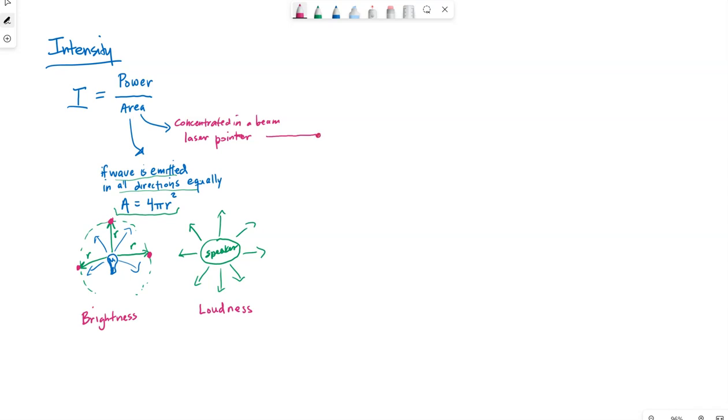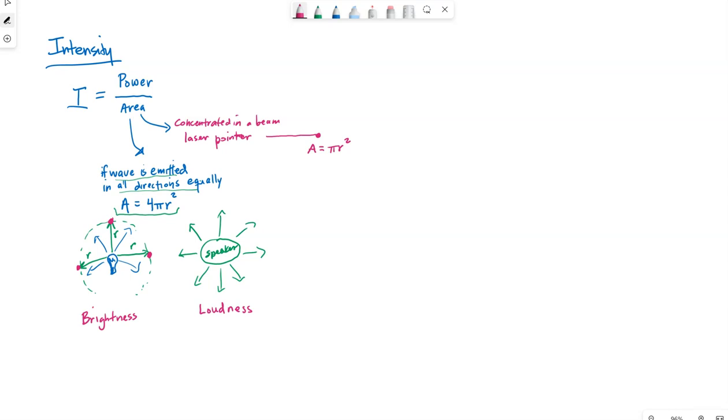If it shines on something, we just see a tiny little circle. And so if we were to use this equation for intensity, we would want simply the area of this little circle that the light makes on whatever we're shining it on. So it's a much smaller area, which is why laser pointers can look more intense than, say, a light bulb with a similar power.